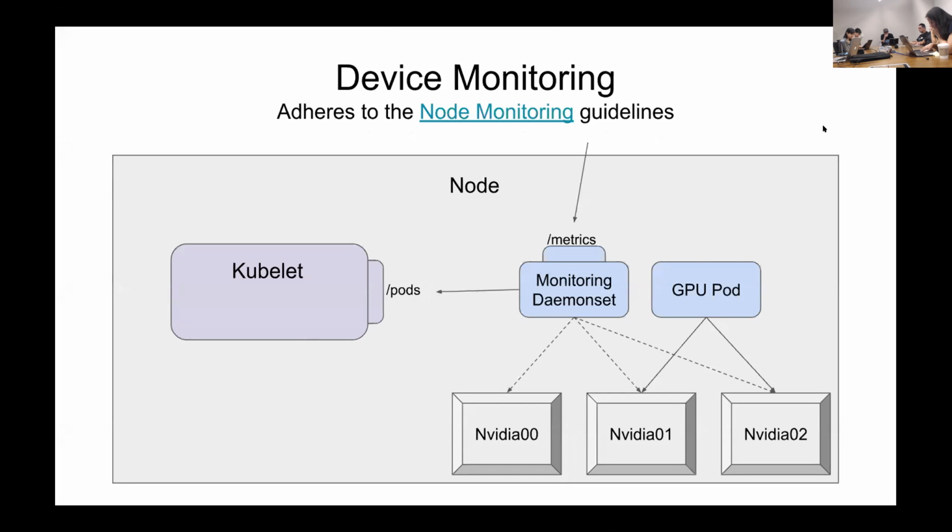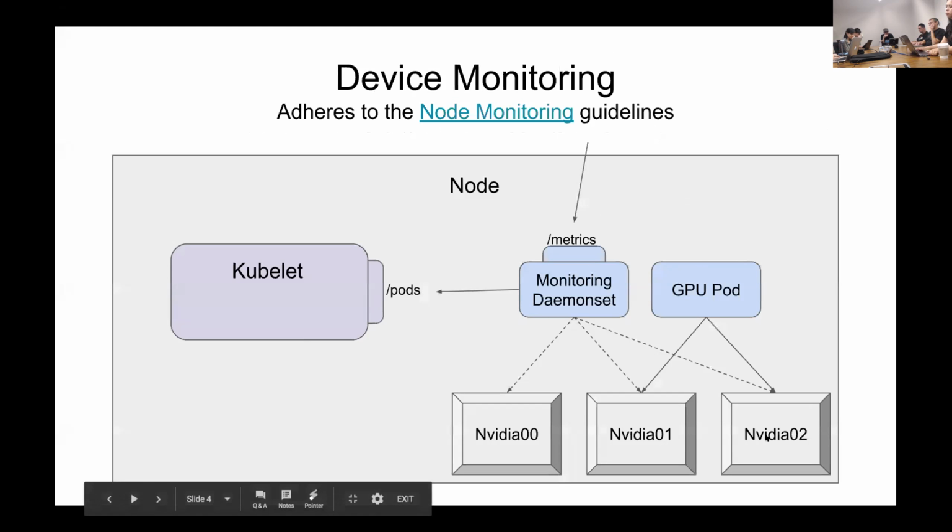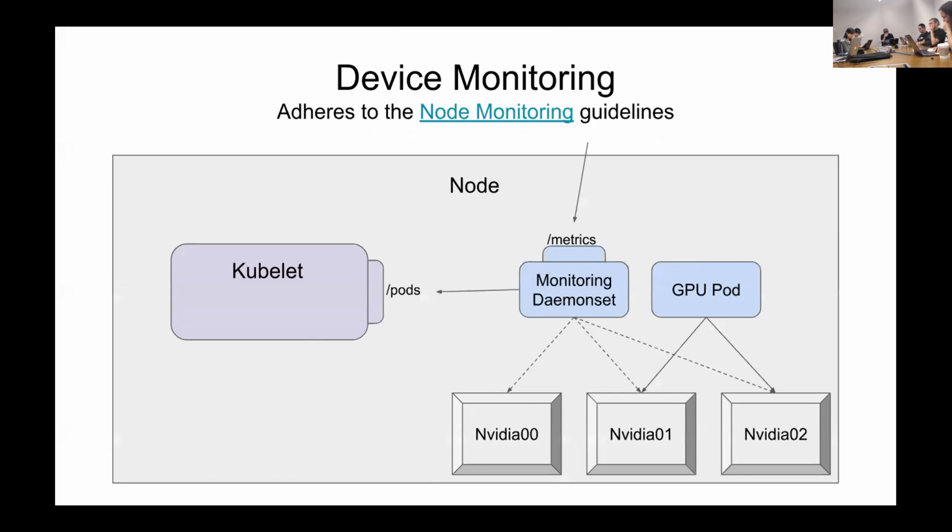So for device monitoring, the way that this proposal solves that is that imagine we have one pod that's consuming 2 GPUs, and you are also running a monitoring daemon set. The monitoring daemon set needs to do 2 things. It needs to, 1, discover which GPUs are actually in use so that it knows to collect and expose metrics for them.